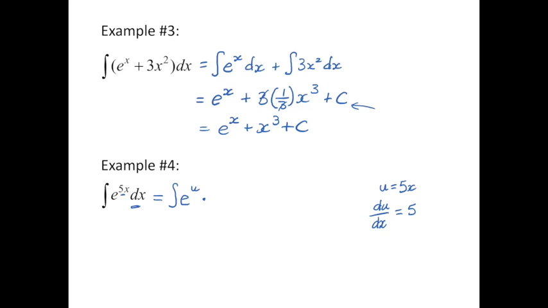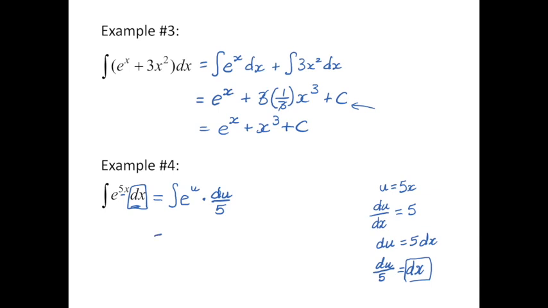So we're going to take this du dx and rearrange it to say, well, this du is actually equal to 5 dx, or dividing both sides by 5, du over 5 is equal to dx. So now we can say that dx is equal to du over 5. So we're going to have e to the u times du over 5.